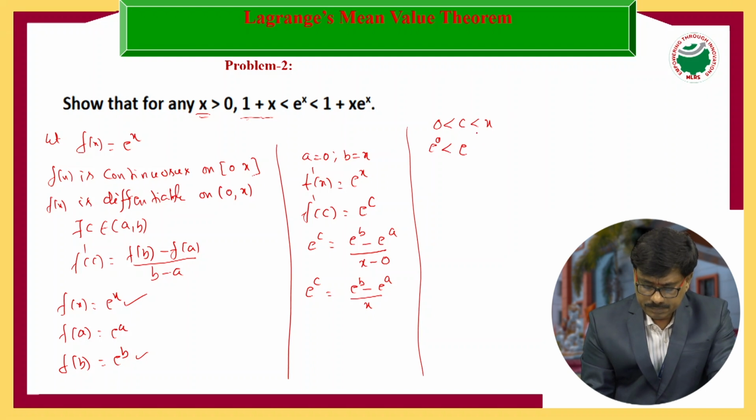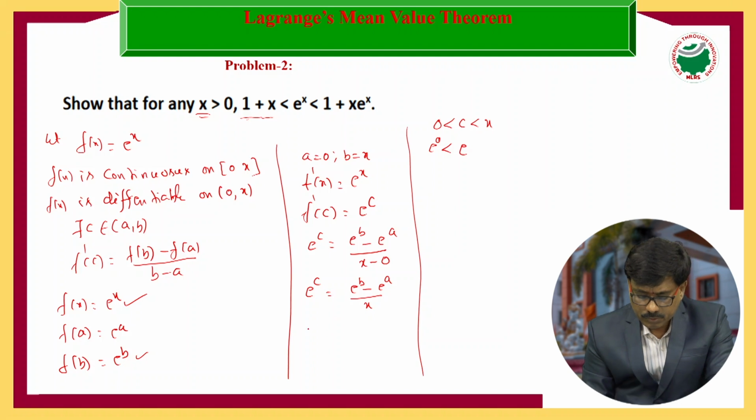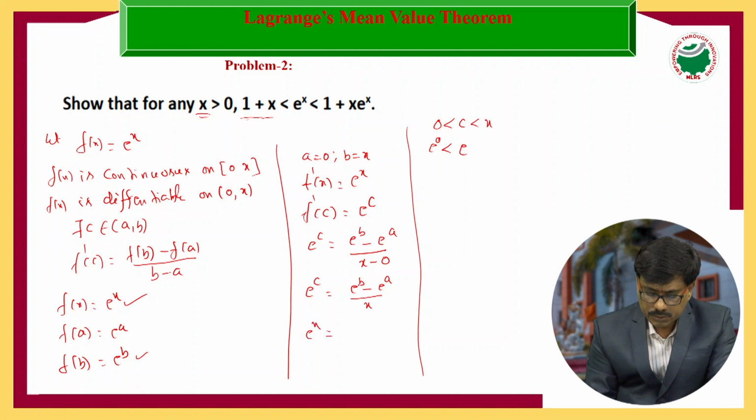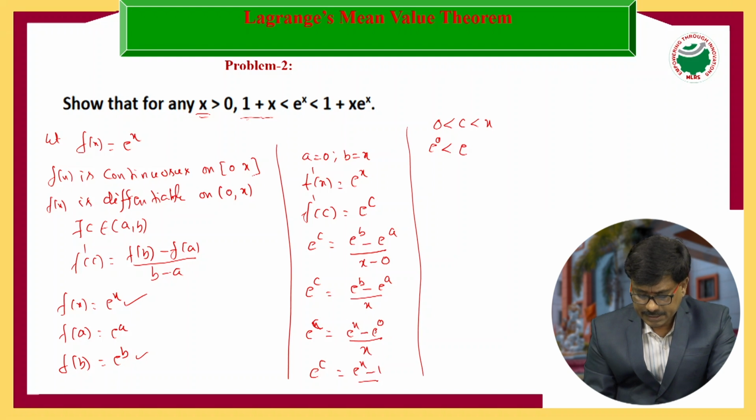Now one more condition: e power c is equal to, what is b value now? B equal to x. e power x minus e power a, which is e power 0, divided by x. Let us simplify: e power c equals e power x, e power 0 means 1, so e power x minus 1 divided by x.